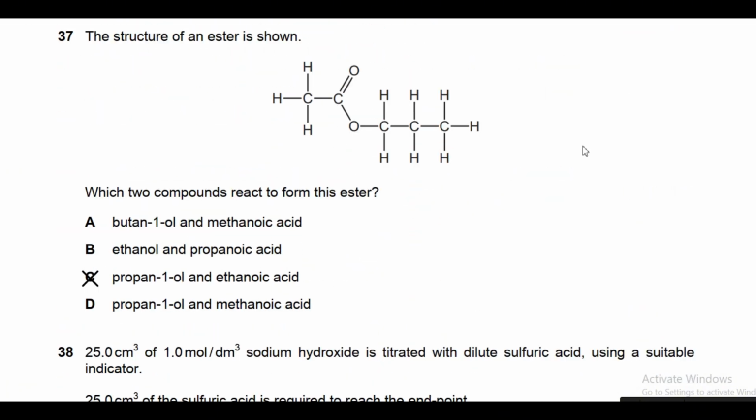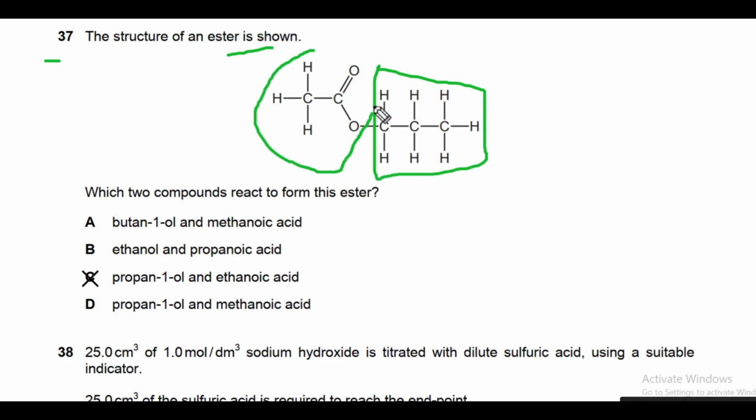Next, the structure of an ester is shown. This ester is propyl ethanoate.